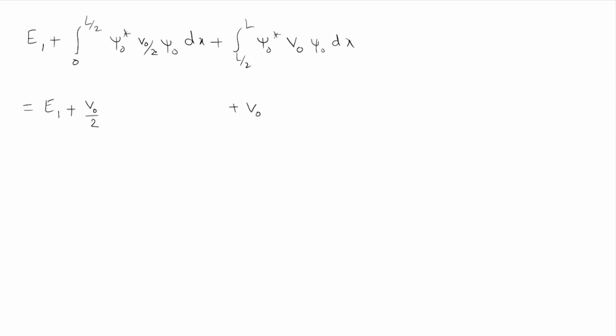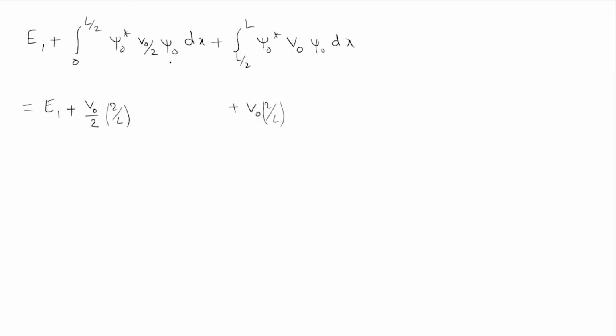What is the value? Psi 1 gives a 2 over L. Here also there is a 2 over L because of normalization.